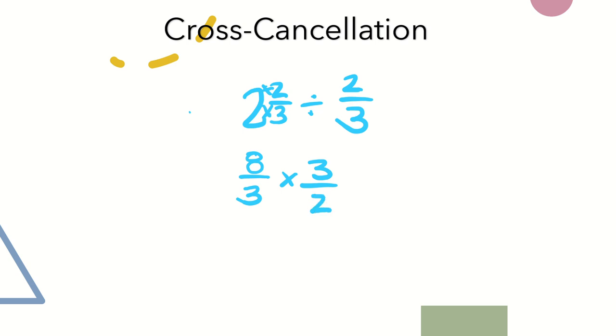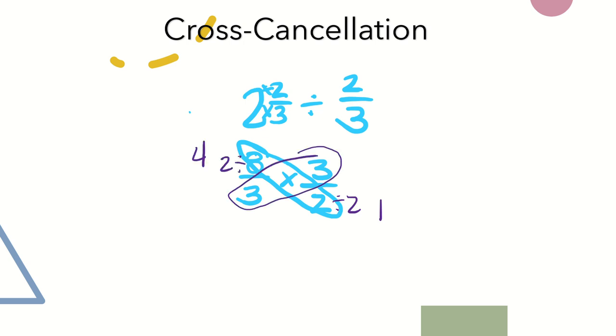So now I would go in and see whether my 2 diagonals or my 2 cross have something in common. What do 8 and 2 have in common? They have 2 in common. So I know I can divide each one by 2. Divided by 2, that gives me 1. Divided by 2, that gives me 4. I'm going to do the same thing with this diagonal.